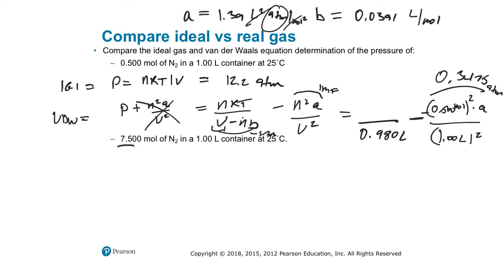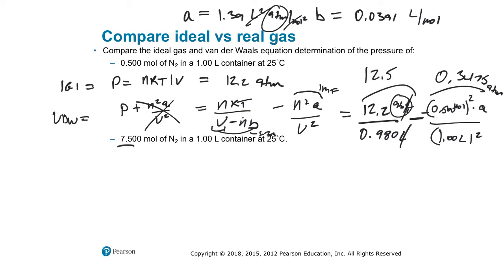Then we'll divide this into the nRT value, 0.5 times 0.08206 times 298, which is 12.2. The liters cancel, giving me just atm. So I divide this by 0.980, and that works out to be 12.5.